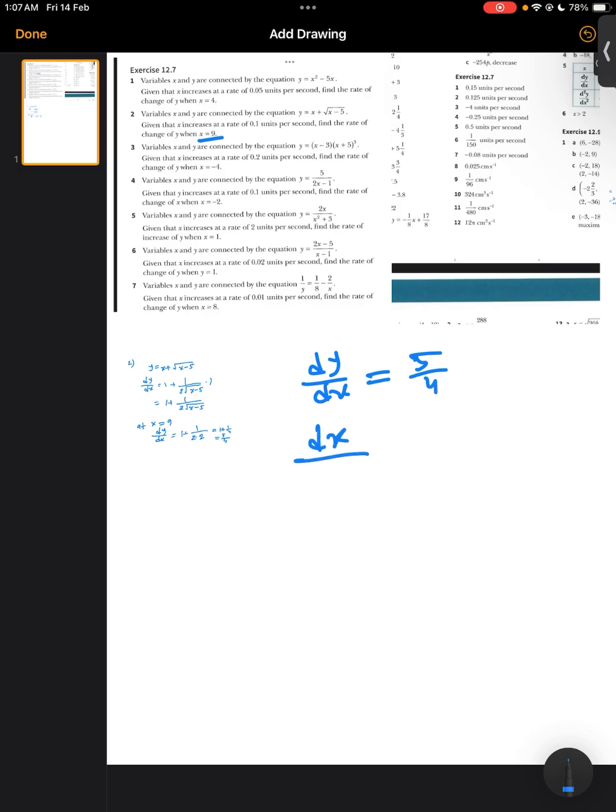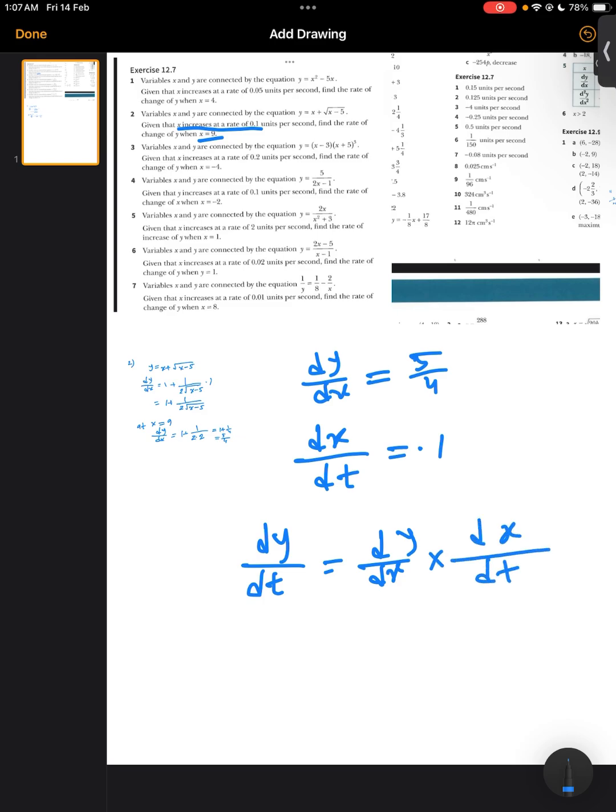One more thing, dx/dt, which is given as: x increases at a rate of 0.1. Then dy/dt is equal to dy/dx times dx/dt. So 5 by 4 times 0.1. So it would be 5 by 4 times 1 by 10, 5 by 40, so 1 by 8.